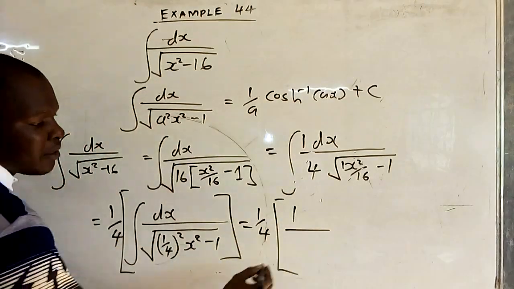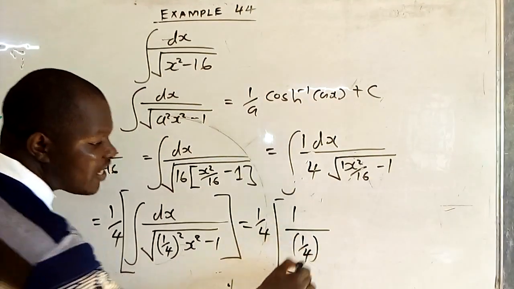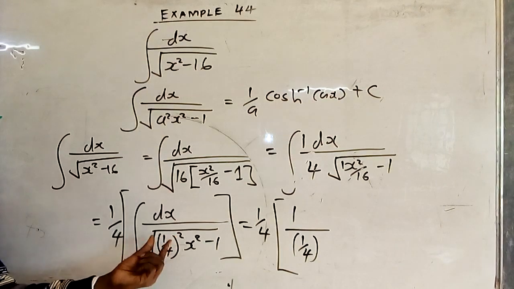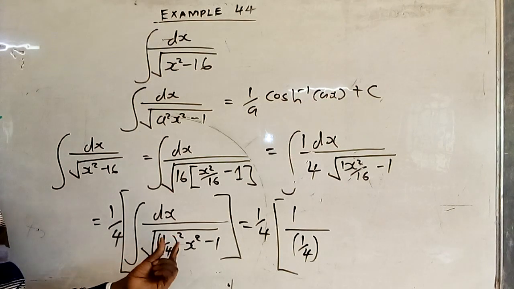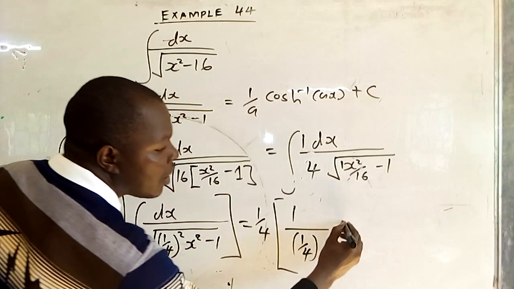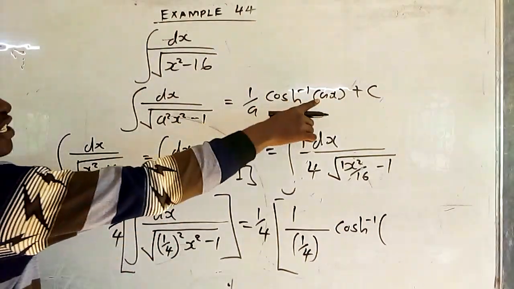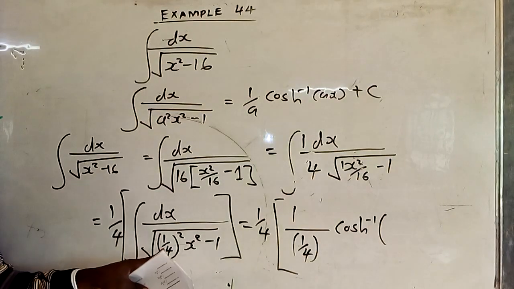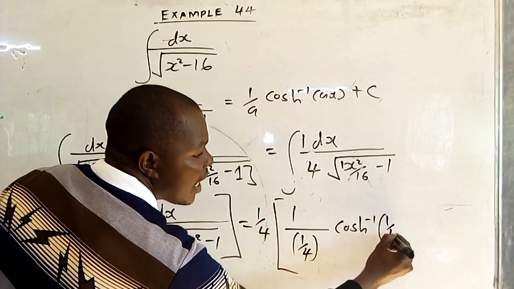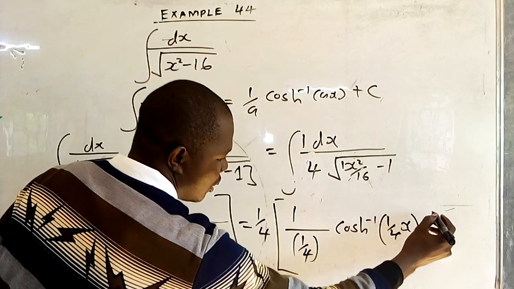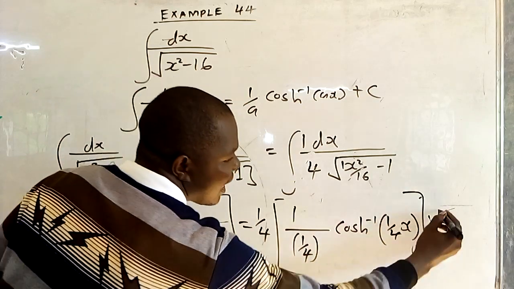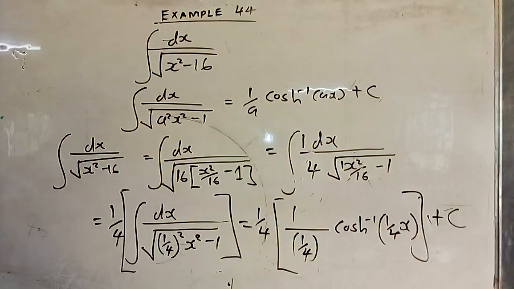What is your a? Your a is 1 over 4 because this is a squared, meaning a is 1 over 4, isn't it? Yes. So you get 1 over a, then cos inverse of ax. What is a? 1 over 4x, then plus your arbitrary integration constant at the end, isn't it?